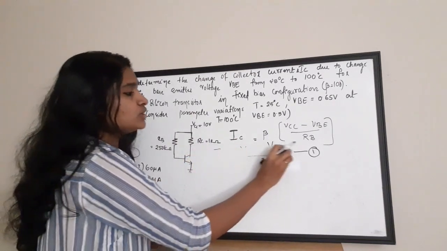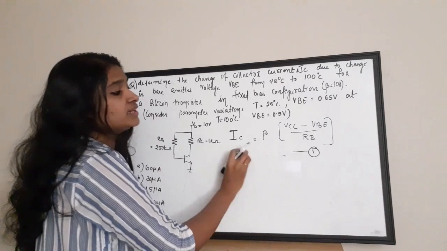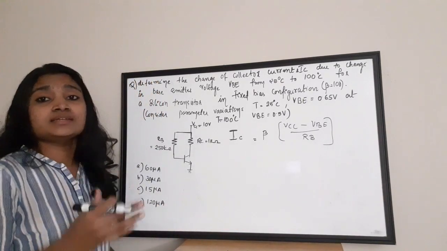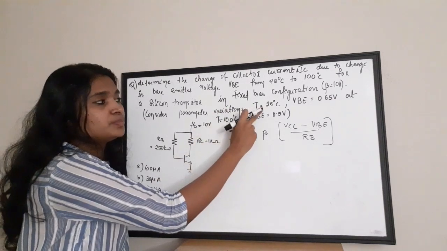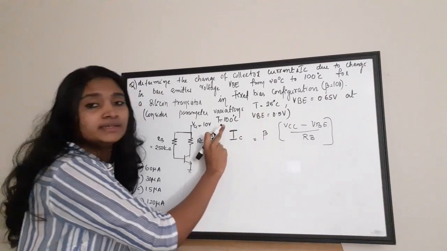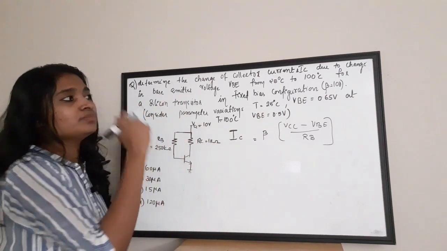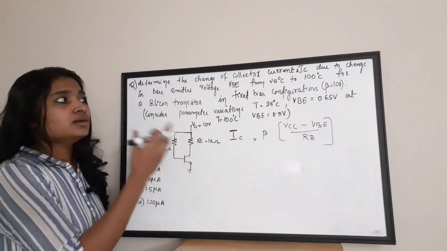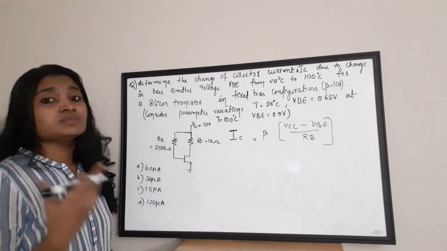Now we don't want to find the collector current itself, but the change in the collector current with temperature from 25 degrees to 100 degrees. When there is a change in temperature, the collector current also varies, and it also depends on the base emitter voltage.